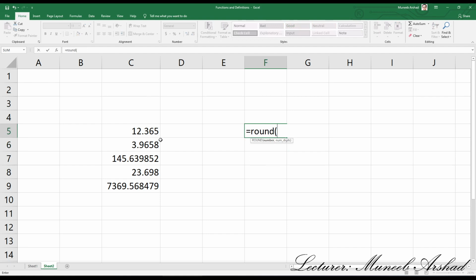You specify ROUND, open up the bracket, specify the number, put in a comma, 3. If the requirement is 4 decimal places, you put in 4. If the requirement is 5 decimal places, you put in 5. So this is how you can specify the decimal places. Remember, for a whole number, the 0 is basically going to be the number of digits. So that is going to round it off to 0 decimal places. Okay, I hope this is clear.